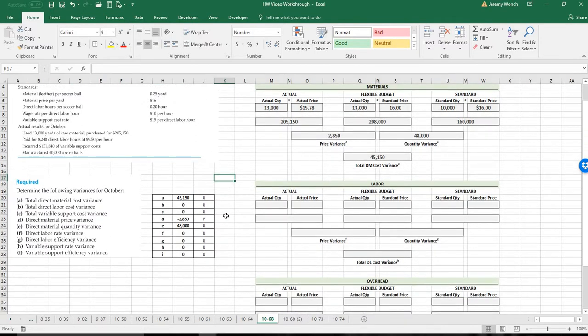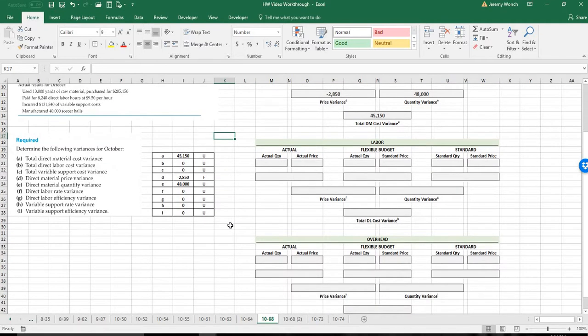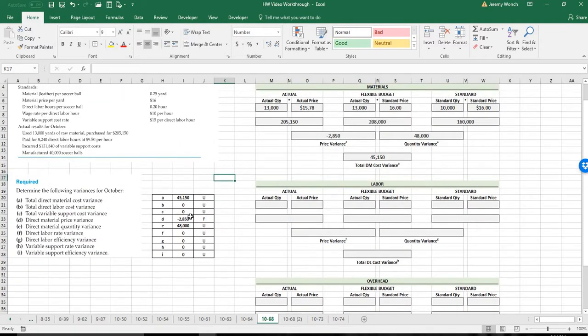All right, so let's go down to the labor portion. For the labor portion, it says that we paid 8,240 direct labor hours at $9.50.